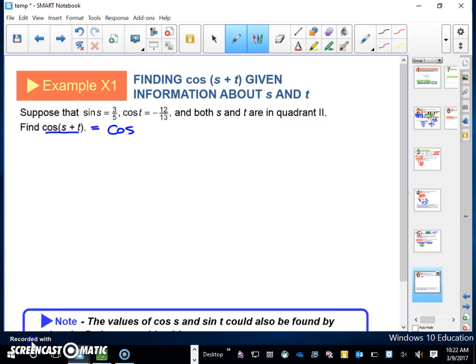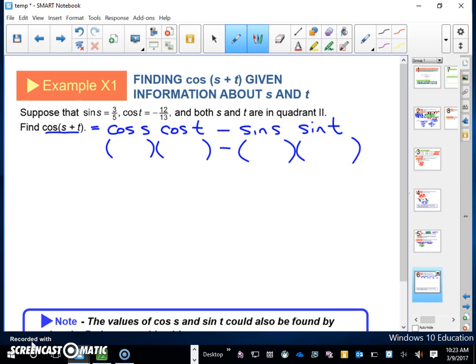It's going to be cosine cosine minus sine sine. Start there. What you should notice at that point is that we've got 4 holes to fill in, 4 unknowns.